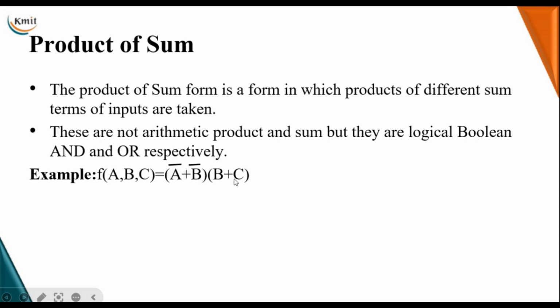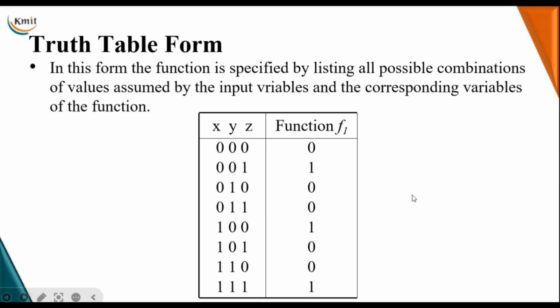Now let us observe the third way of representing your function, which is the truth table form. In this form of representation, we have all possible input combinations where each variable is assigned a binary value.